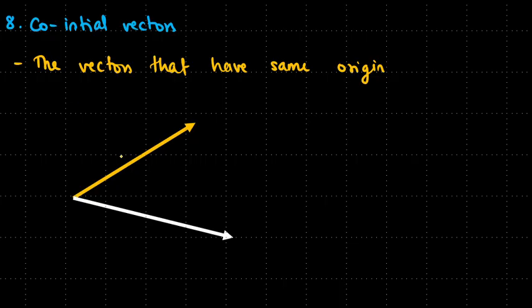So here, our A vector and B vector are co-initial vectors, and this point where they meet will be the origin. Yeah, I think that's pretty self-explanatory. So this is the origin, not 0 comma 0, but the origin where they meet. So origin, as to say where they came up from.